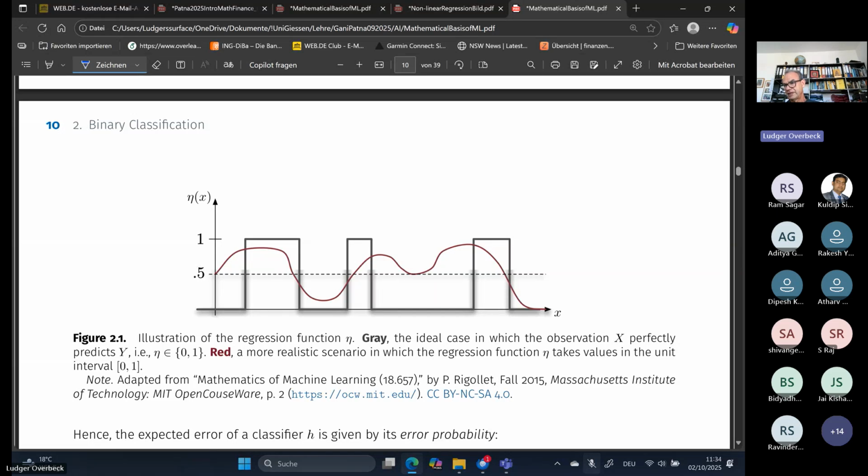And so if this is eta of x, the problem is you have to fit it here, and if it's larger than 1/2, then you specify it to be in class 1.